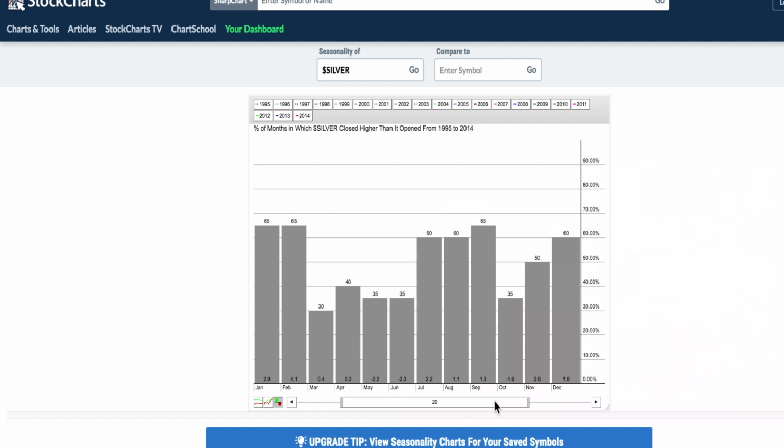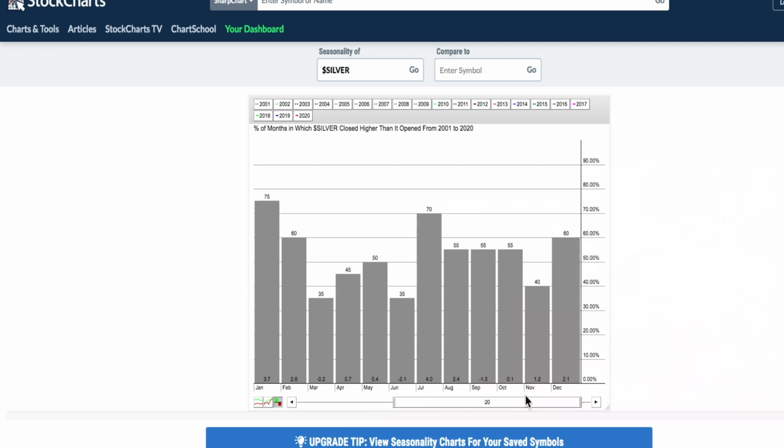Still strong. We'll keep going. Still strong. Still above around that 60%. You see October is coming out of this bearish scenario and kind of heading higher. Keep going. There you go.